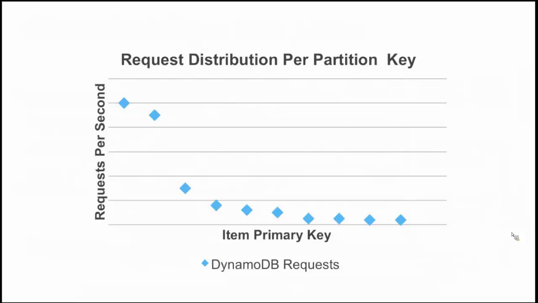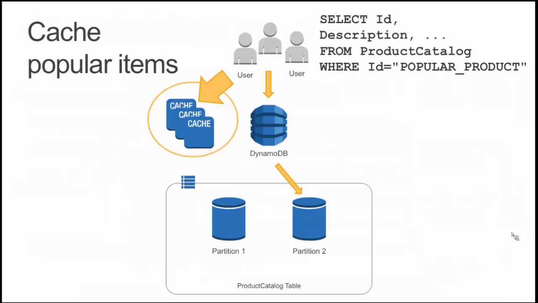That's what that looks like. Really, I'm hitting the same items repeatedly, and this is not the best way to deal with things. There's an approach you can take: a pretty common approach is to put a cache up in front of the database, right? We have ElastiCache as a service that we provide for customers. It provides a Redis and Memcached compliant caching interface. You can bring up your own cache instance on EC2. You can do whatever you want with this.